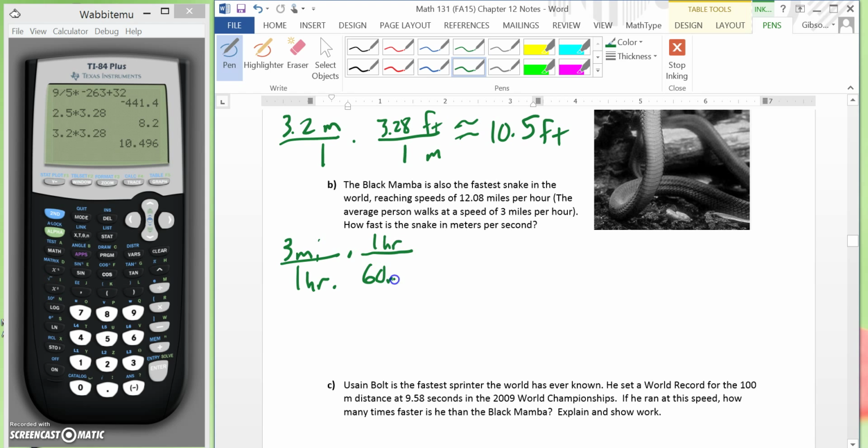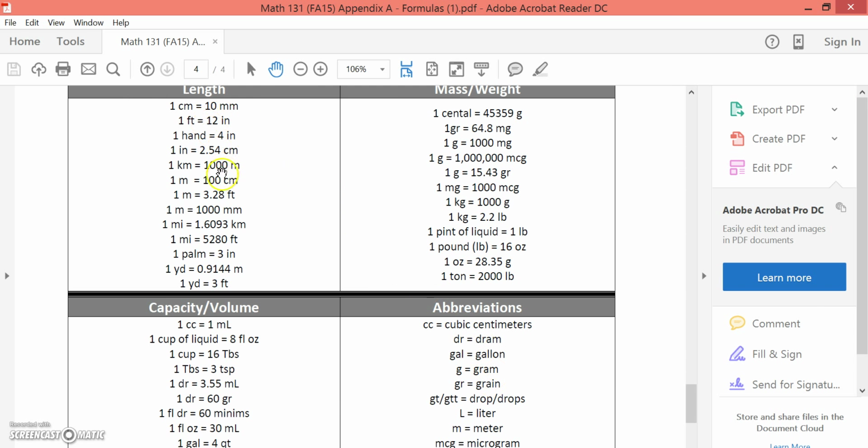So now we know 1 hour is 60 minutes. And then we know 1 minute is 60 seconds. So now we took care of the hours to seconds. Now we want to take care of the miles and make it meters. So we will go back to our sheet here, and we will look here at miles.